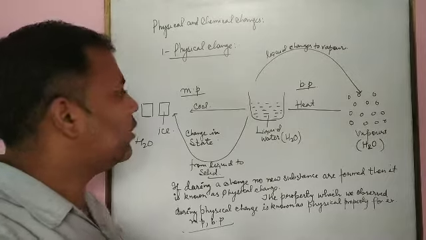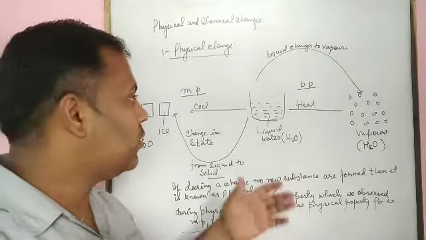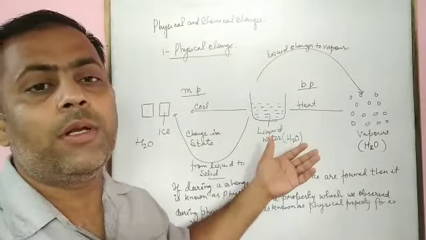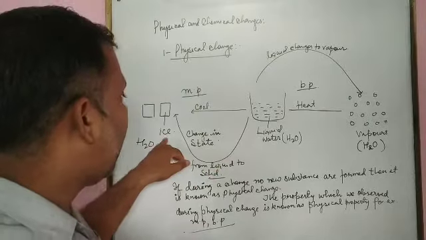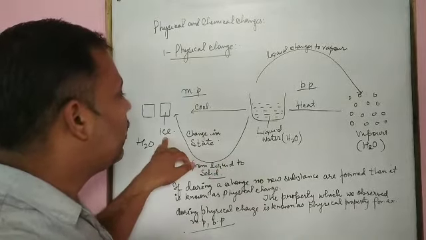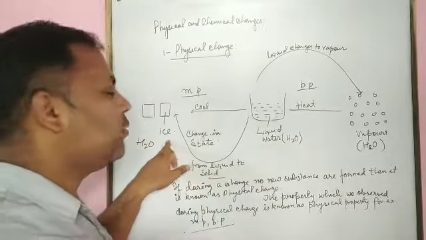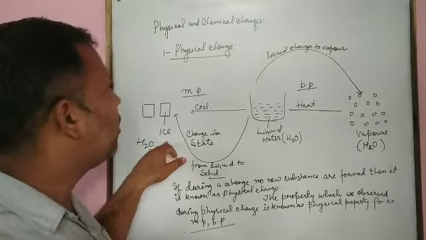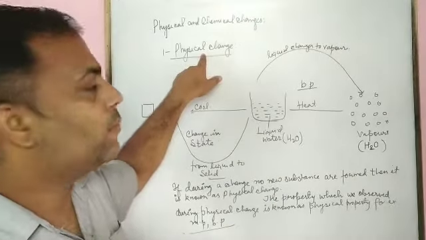Let us understand it by taking various examples. But we will also know the reversible and irreversible physical changes. Let us see. Ice can be converted into water and water can be converted into ice. Then it is a kind of reversible physical change.